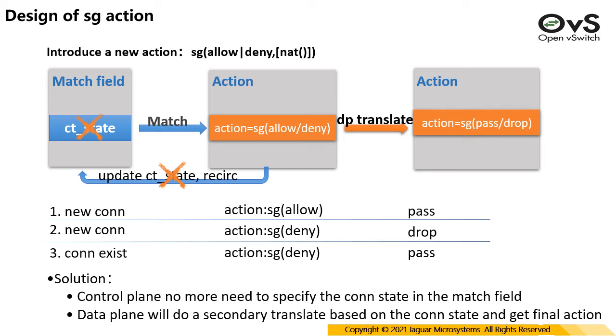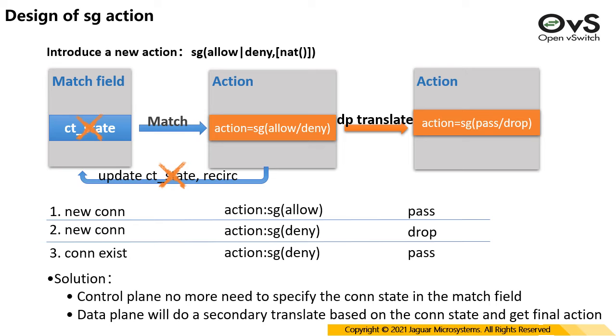The SG action will do a translation in the data plane. Allow and deny in fact are not concrete actions that can be executed. They will be translated into pass or drop separately based on the connection status. For allow, no matter whether the connection exists or not, it will translate into pass, and the packet can continue to do the later actions.